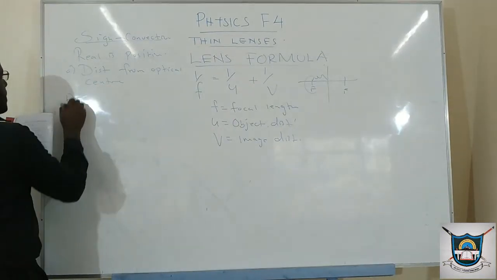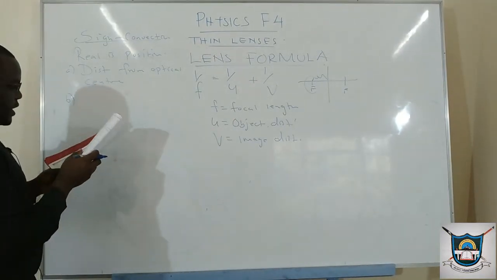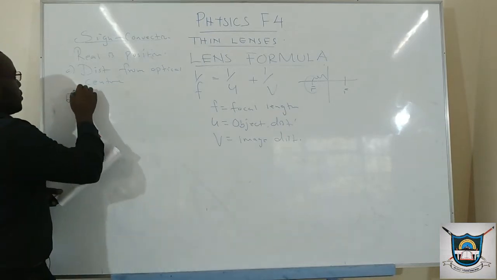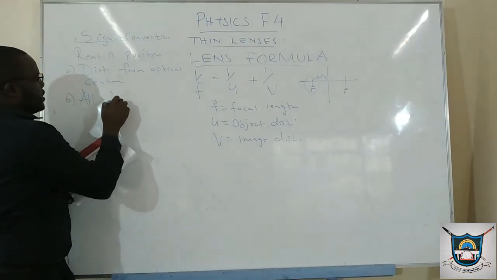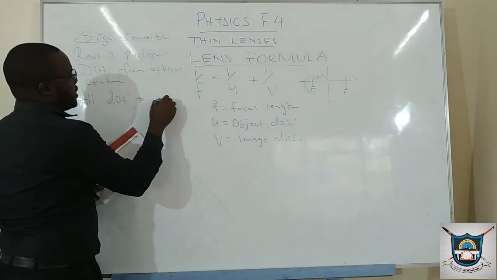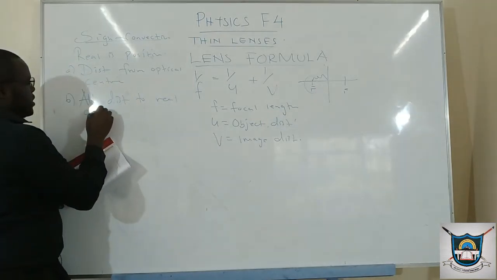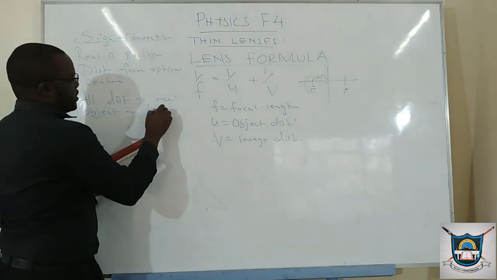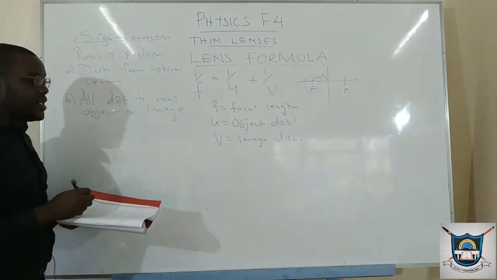Number B, all distances to real objects or images are said to be positive. Sometimes the lens can form a real image.